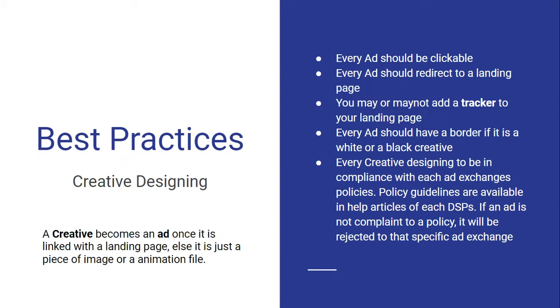Now, a DSP might have its own policy, but at the same time, it would have a policy integrated from the other ad exchanges, because at the end of the day, your ads are going to pop up through different ad exchanges, on different sites. So ad exchanges are like the guardians of the ads to be displayed, guardians of the SSP. So you have to make sure that your ads are proper and crisp.